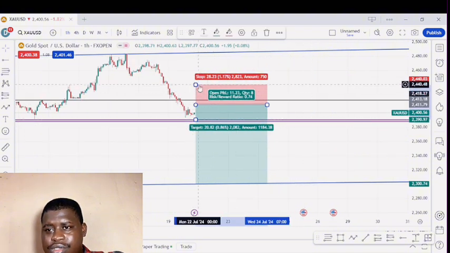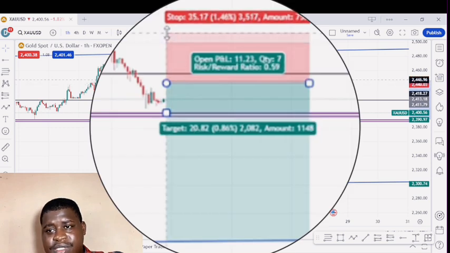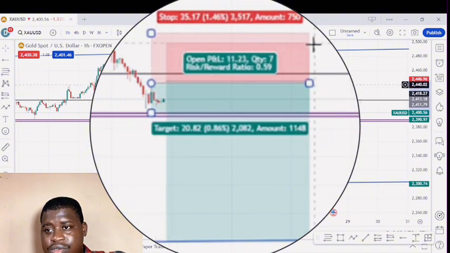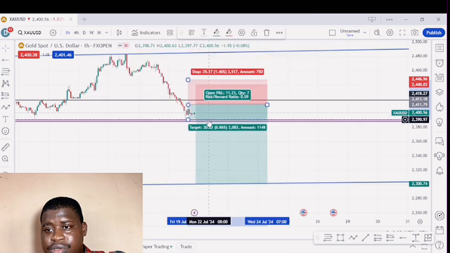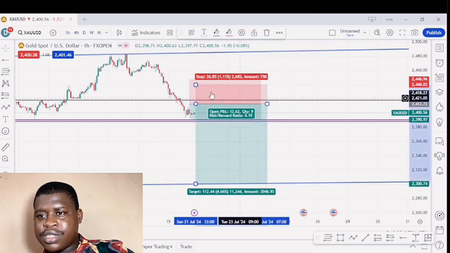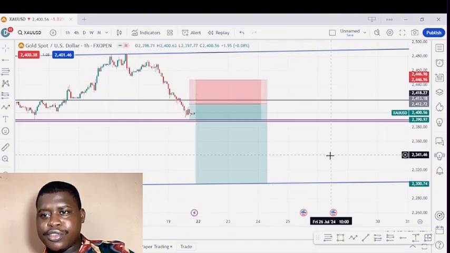You can use 30 pips. For me, I'll be using 35 pips. That's what I do. I use 35 pips because I'm a swing trader, so I will let the market breathe. It must breathe. That's how our president called it. Let the poor breathe.